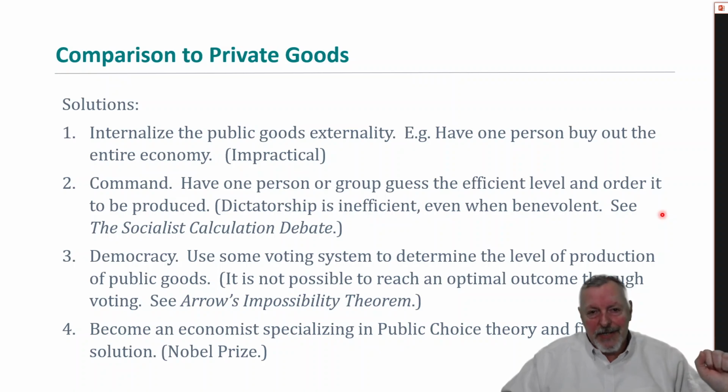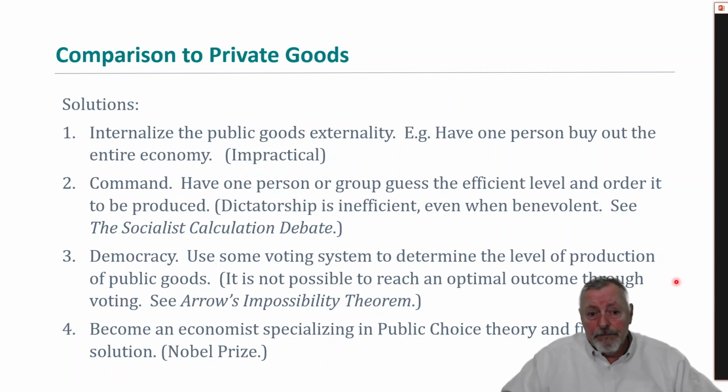See the socialist calculation debate. F.A. Hayek proved, and later it was mathematically proven, that this can't be done, because a central planner, no matter their intentions, doesn't have access to all the information necessary to reach the optimal equilibrium. All right, so that doesn't work.